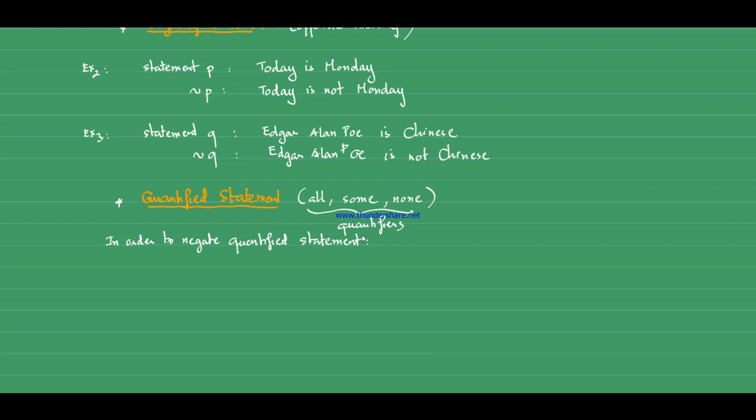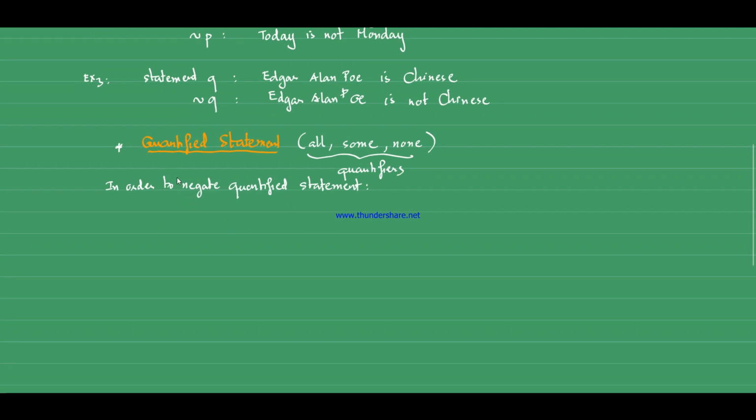The rule is, if the original statement has the quantifier all, then we can negate it by changing it into some are not. If the original statement is some are, then I can change it into none are.